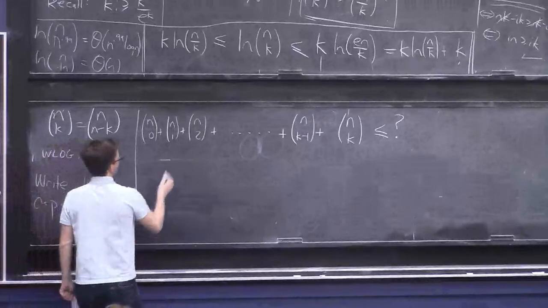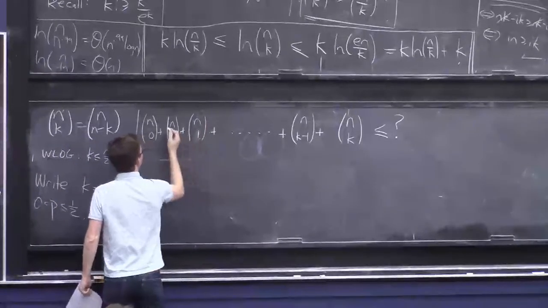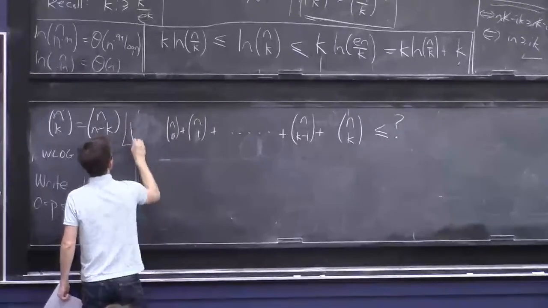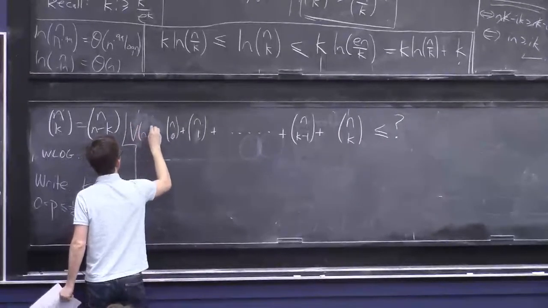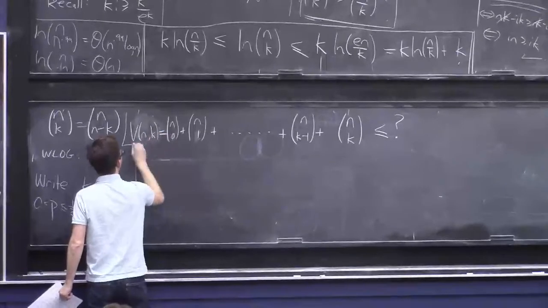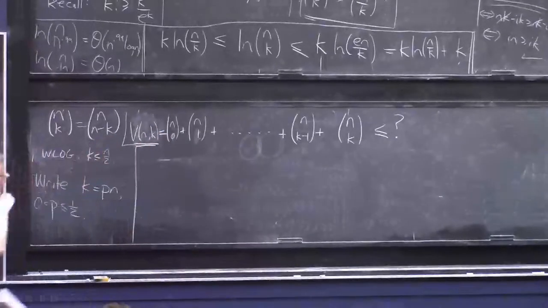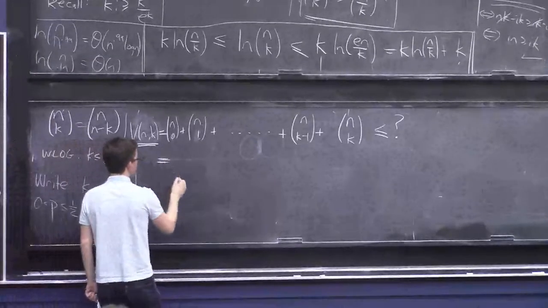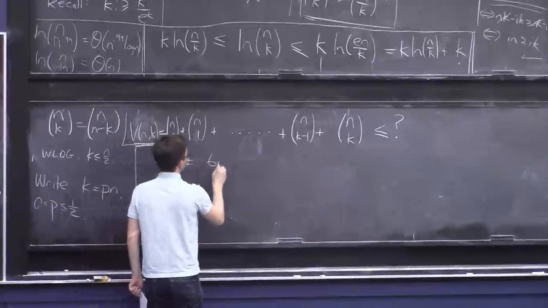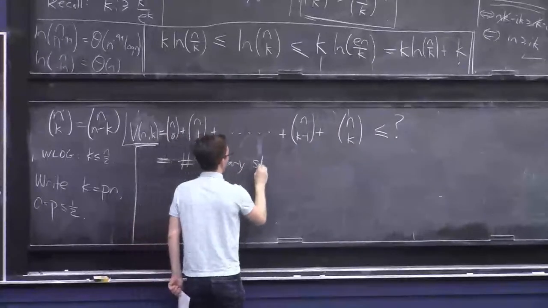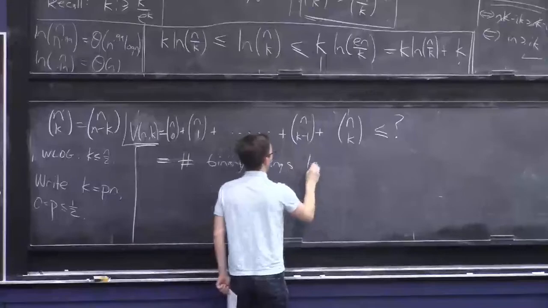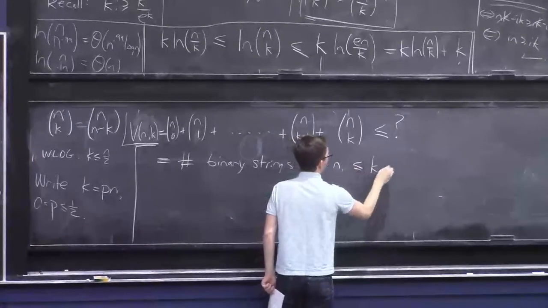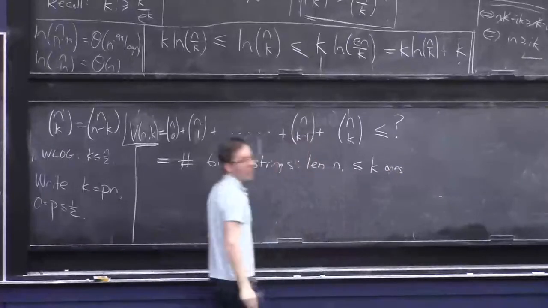And actually, let me give a name to this. I'm going to call this V sub n k, for this binomial sum. And this comes up a lot, this sum of binomial coefficients, because it's the number of binary strings that have length n and at most k ones, Hamming weight at most k.